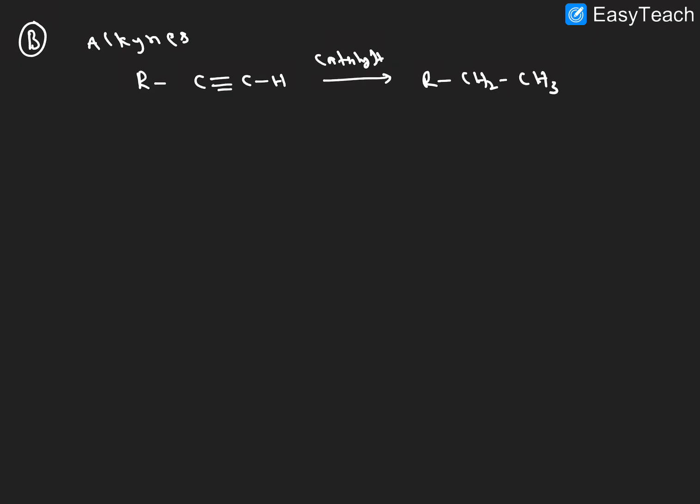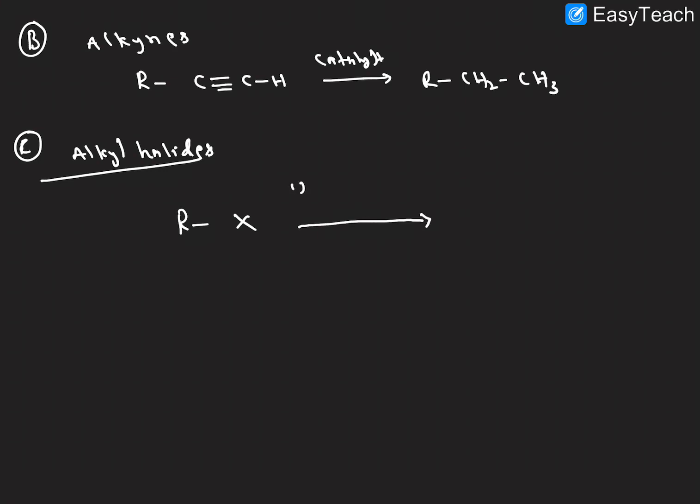Next preparation, from alkyl halides. Here we can prepare the hydrocarbon, nothing but the alkane, from alkyl halides. The first reagent we can use is lithium aluminum hydride.